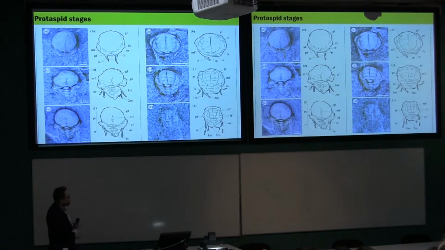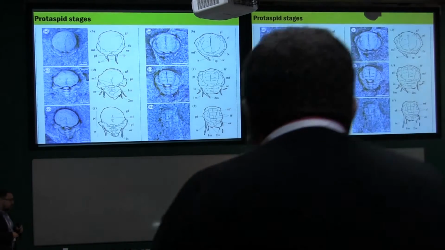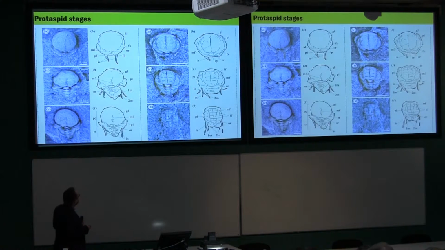In Paradoxides, the glabella is not as inflated as in Hydrocephalus, and in Eccaparadoxides, the glabella is very narrow, well furrowed. So they are in general quite different. So the question is why.